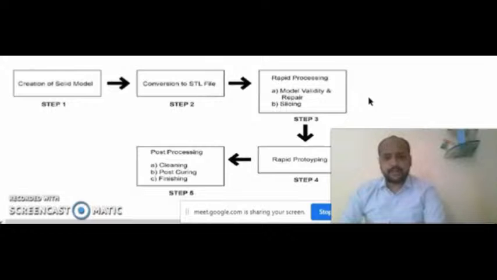Once again I am repeating, a scaled model of a physical part is generated in rapid prototyping. So in computer aided design, we can generate a design or a model of any part rapidly. Therefore, you can call it rapid prototyping.